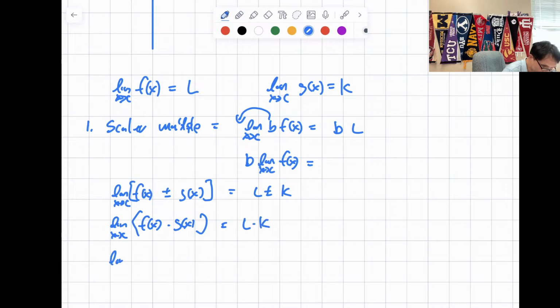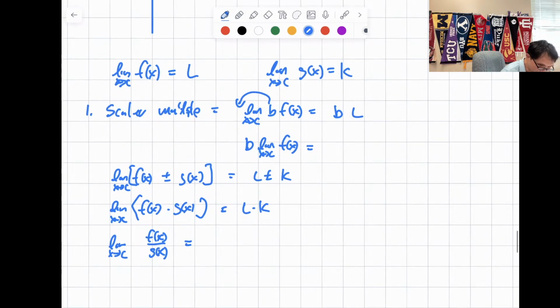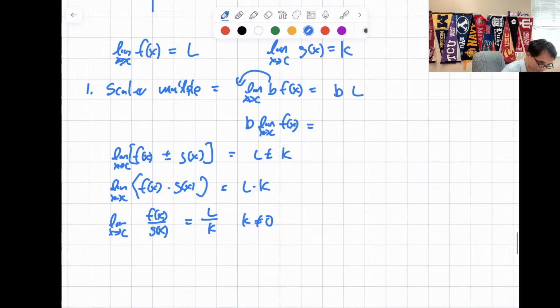Duh. The limit as x approaches c of f of x over g of x, can you guess what it is? L over k. But k cannot equal 0, because k equal to 0 is undefined. Thank you for your approval.